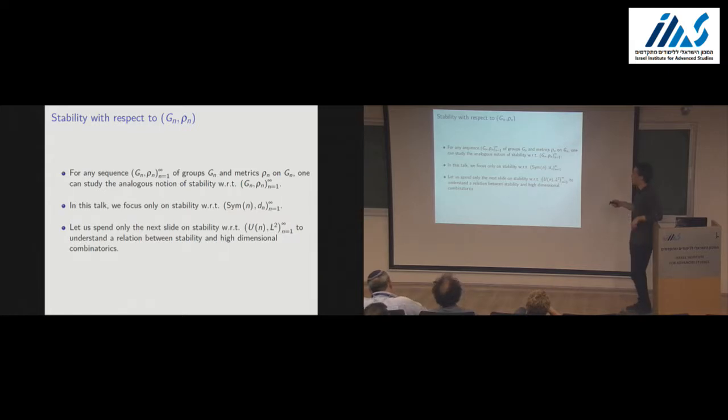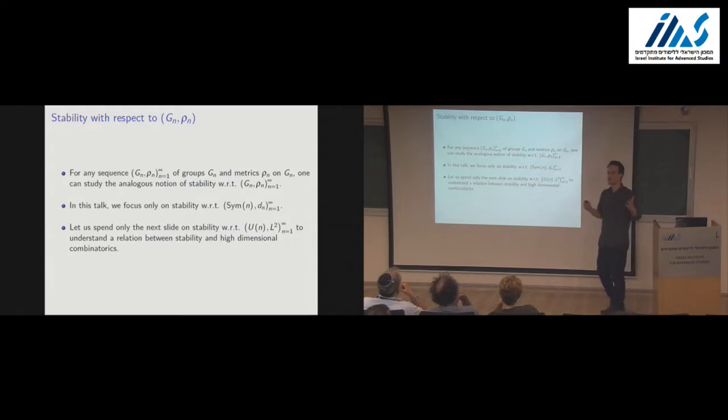Although I will focus on the symmetric group, I want to spend one slide on this particular example of solutions in the unitary group with the L2 norm to explain some relation to this particular conference we have.